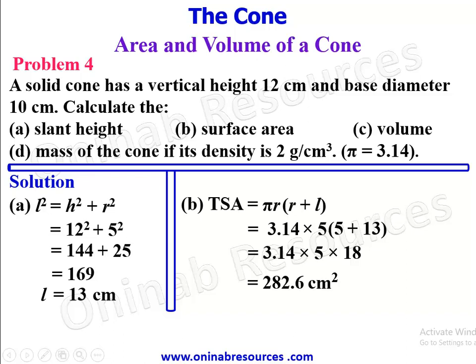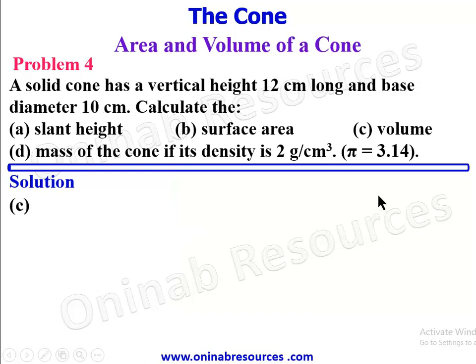We now go ahead to find the volume of the cone. The volume of the cone is 1 over 3 pi r squared h, and our pi is 3.14, our radius is 5, and our height is 12. Substituting this, we have 1 over 3 times 3.14 times 5 squared times 12.